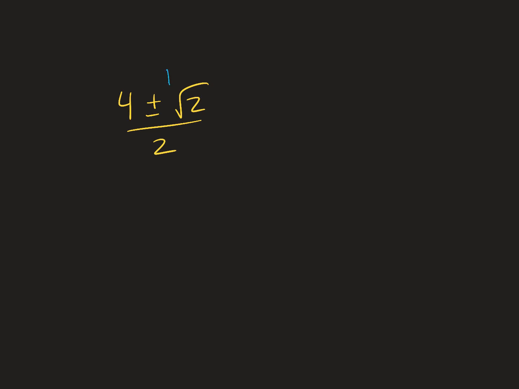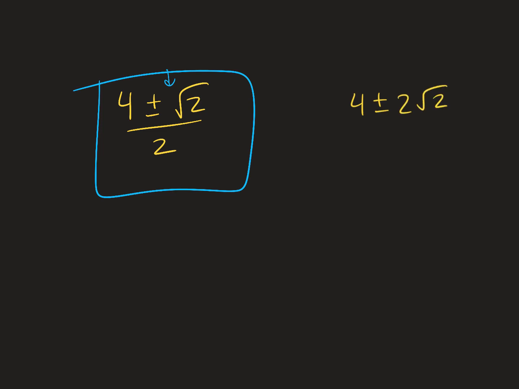You can't, because I don't have a whole number here that goes into everything, and I can't divide into the square root. So this would be where I stop. If I had something like 4 plus or minus 2 square root 2 over 2, can I simplify this? Yeah. How do I simplify it? Divide all the whole numbers by 2.